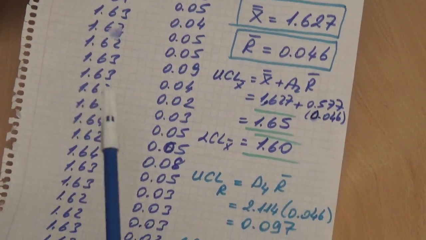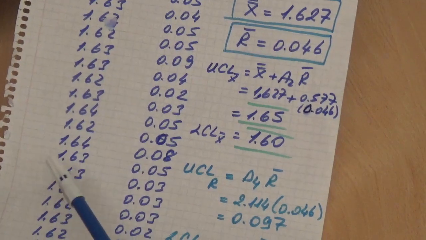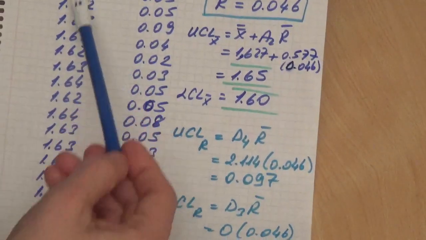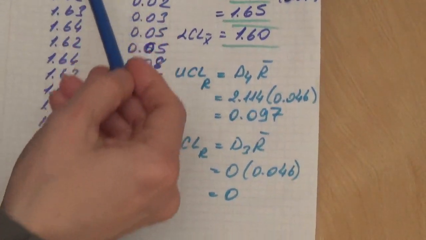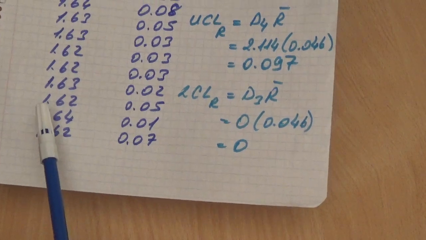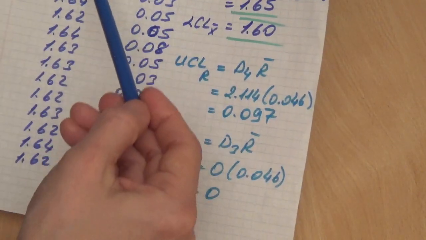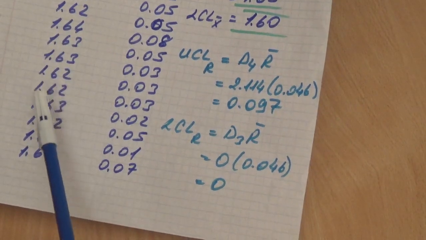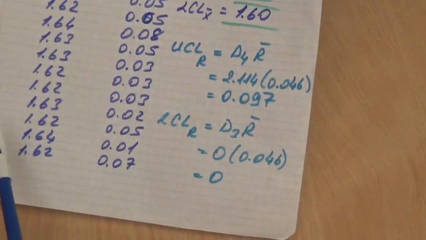last two columns. So in order to find the x bar, which is the average of all the averages, we add them all and divide by, how many do we have? 2, 4, 6, 8, 10, 12, 14, 16, 18, 20. So we divide by 20.